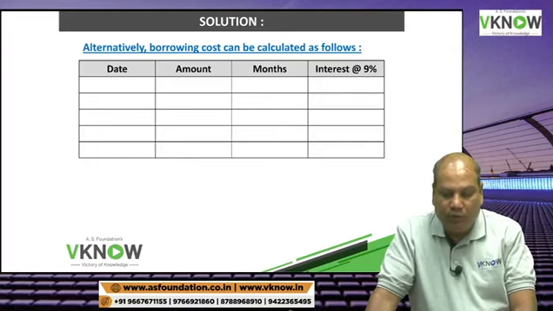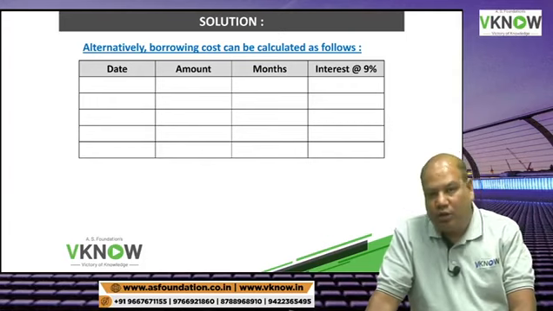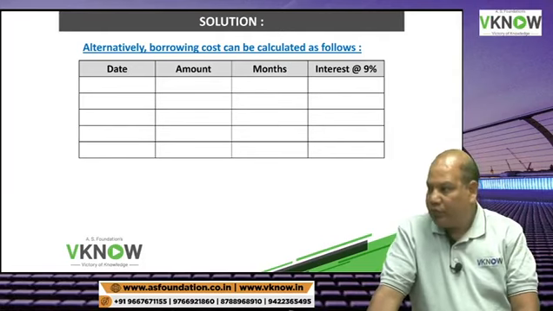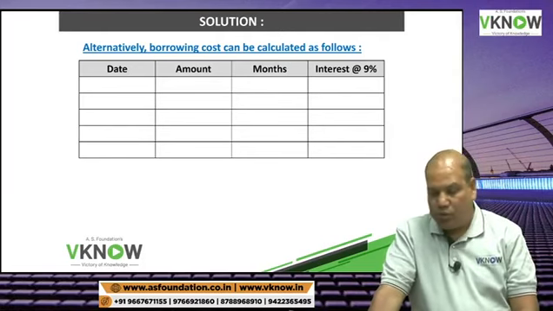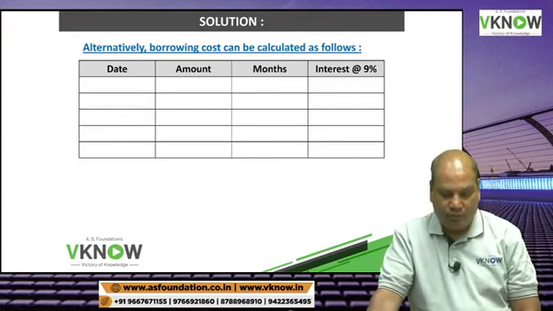So the benefit is this: whatever method you like easy, you can follow that. Here, for every expenditure incurred, we will directly calculate the borrowing cost. Four columns: date, amount, months, interest at the rate of 9%.